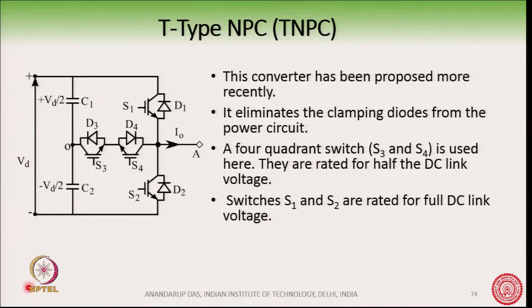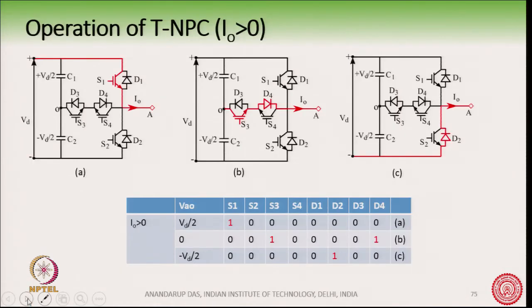Now, let us see how this circuit operates. If I want to get the positive voltage and suppose the current which is going out is greater than 0, then S1 is the switch which is conducting.